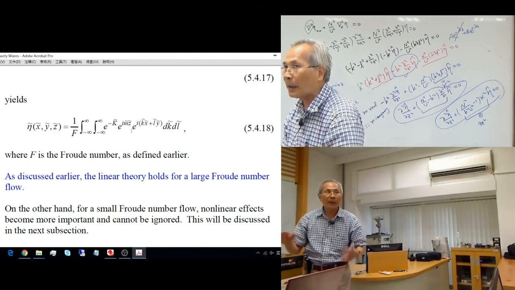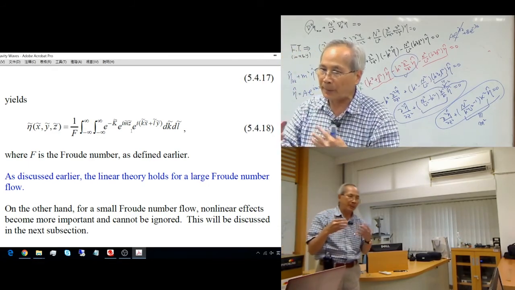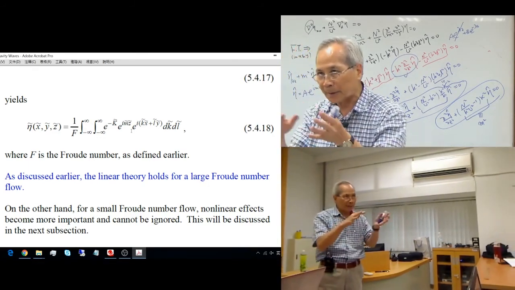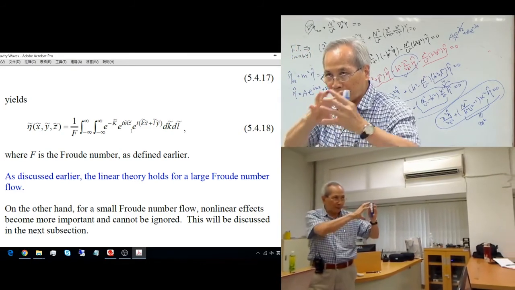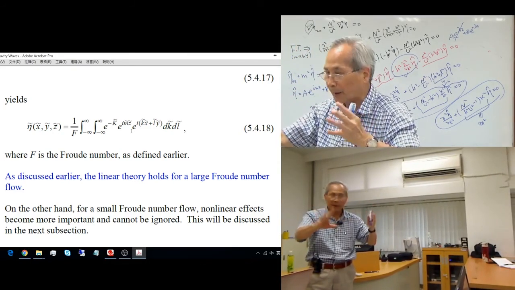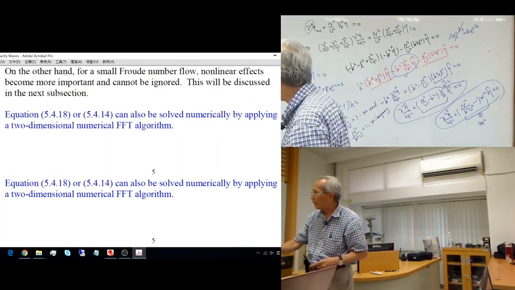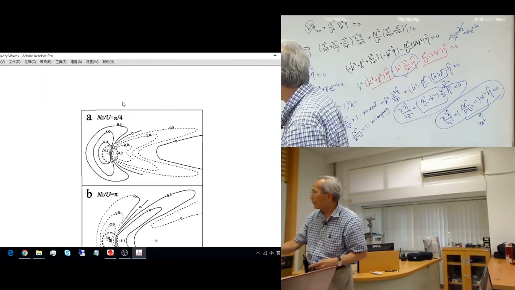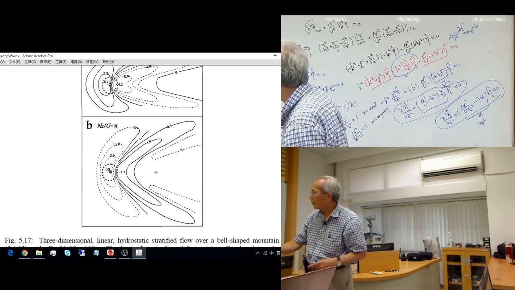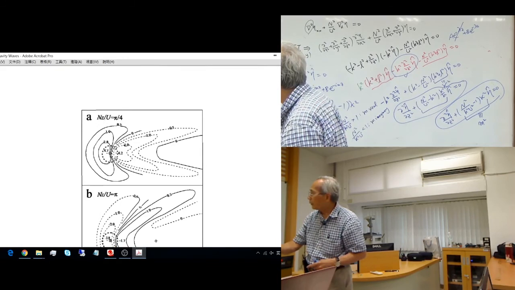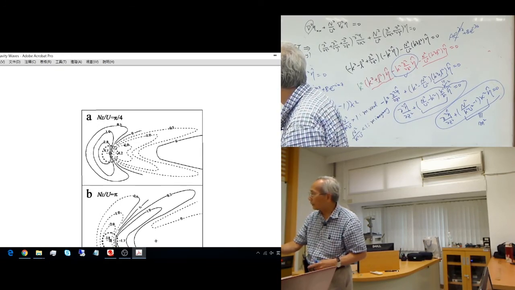In some of my published papers I also sometimes combine them. Sometimes I have the whole analytical solution, but sometimes I also apply the fast Fourier transform, and then you can get a solution like this.